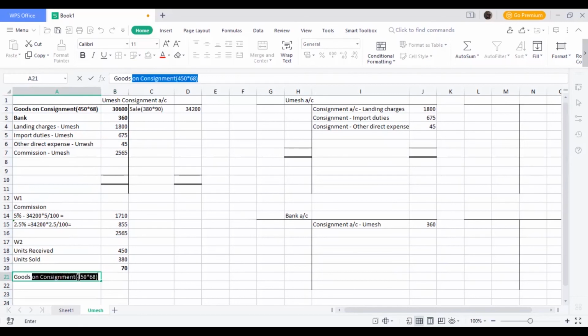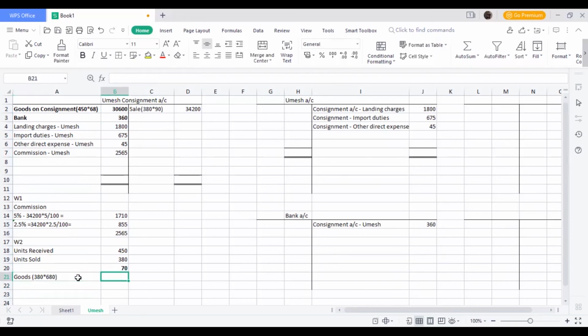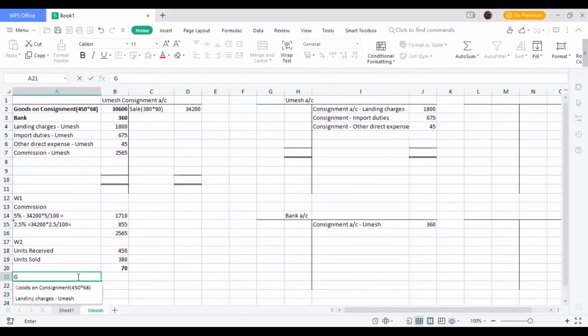I can find the actual value of the goods. I can take 70 into 68 actual cost. This will give me the actual cost the business is incurring. 70 into 68 is going to be 4,760.